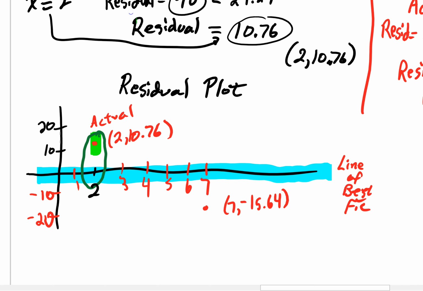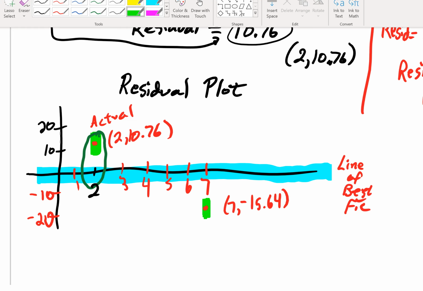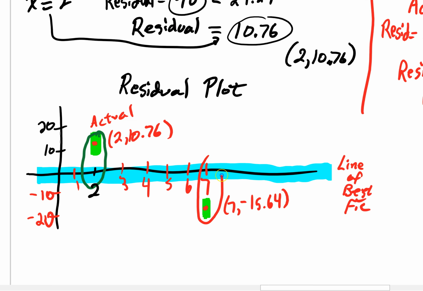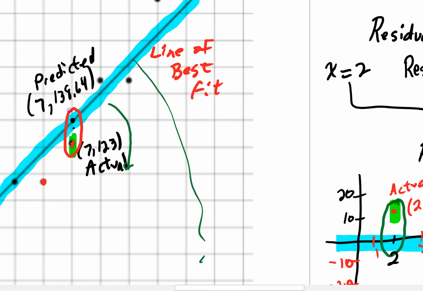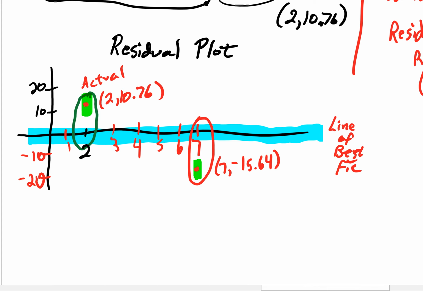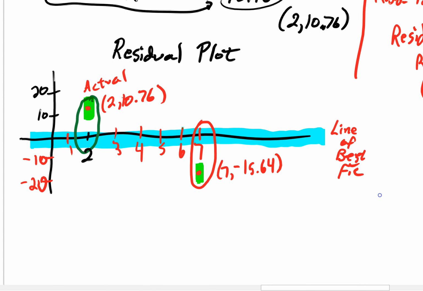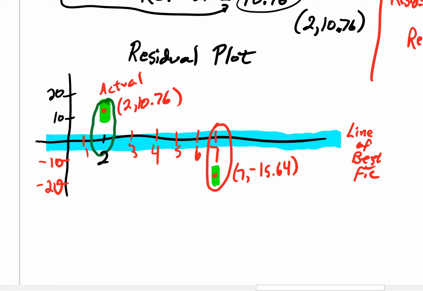Again, this would be where our actual point is in relation to the line of best fit. You could see that our actual point is below. And if I put a circle around that, that's what that circle is showing. The actual point is 15.64 steps below the predicted line, the line of best fit. So I hope this is helping. That's how residual plots are made, and that's really what they communicate.